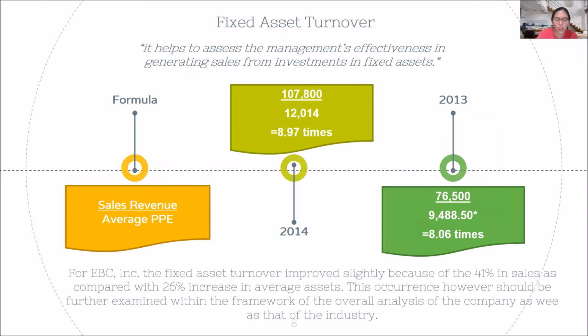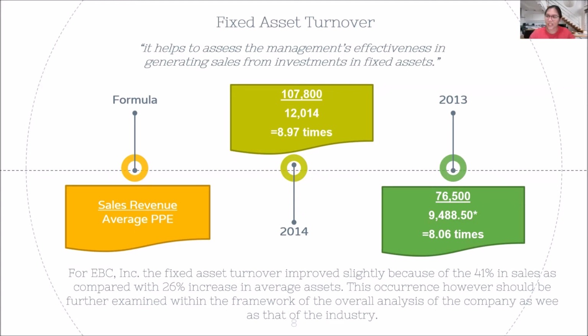For EBC Incorporated, the fixed assets turnover improved slightly because of the 41% increase in sales as compared with a 26% increase in average assets. This occurrence, however, should be further examined within the framework of the overall analysis of the company as well as that of the industry.